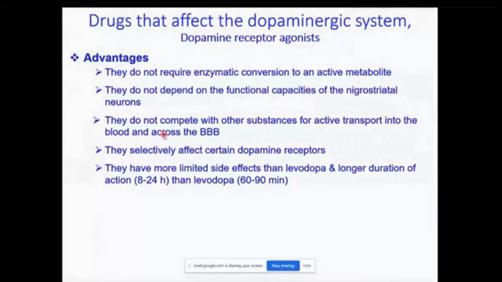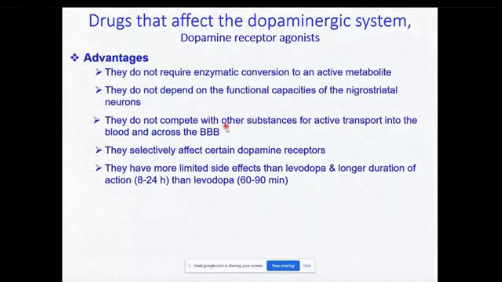If this is clear, let's move to the next bullet. They don't compete with other substances for active transport into the blood and across the blood-brain barrier. Which drug does this refer to? Levodopa as well. Levodopa competes with others. We say don't eat a high-protein diet when you take these medications, because protein contains amino acids, and 99% it would have tyrosine.